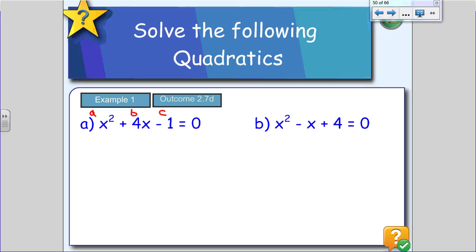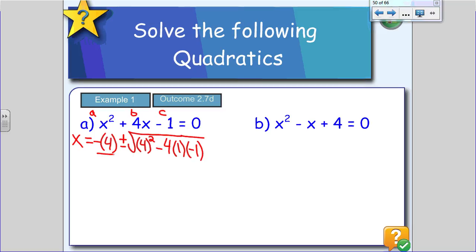I'm going to have x equals negative b, so negative bracket 4 bracket, plus or minus the square root of b squared. I'm putting that b in brackets. So it's 4 squared minus 4ac, all divided by 2a. So that's my first step.